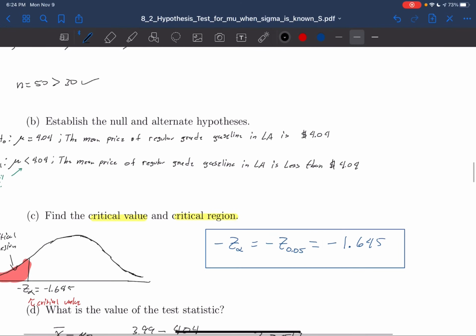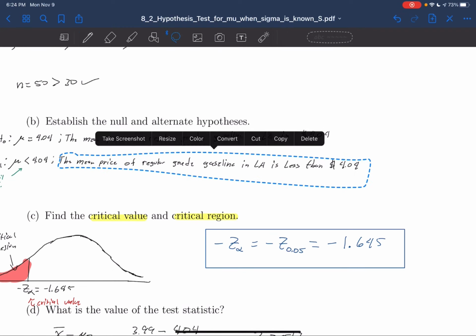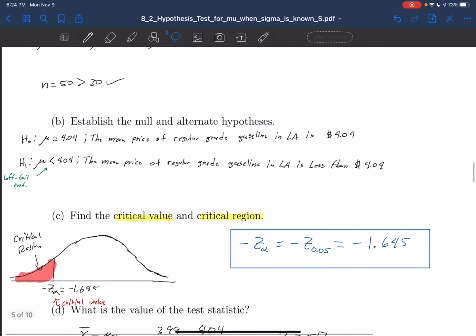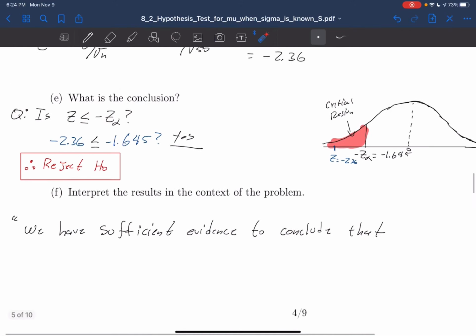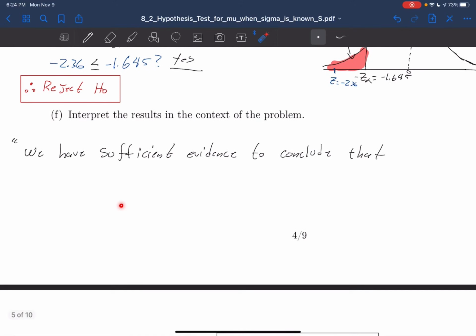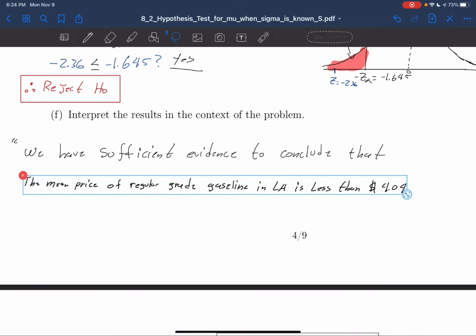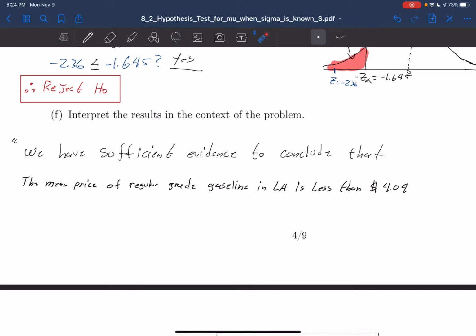I could literally just copy paste the alternative hypothesis that we wrote down to here. So we could say that we have sufficient evidence to conclude that the mean price of regular grade gasoline in LA is less than $4.04.